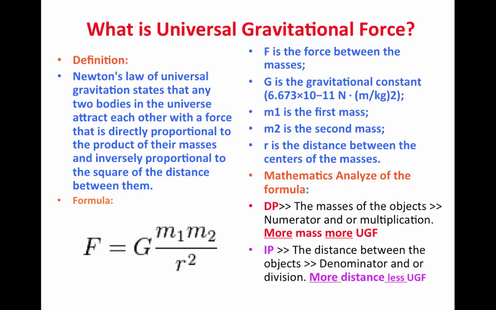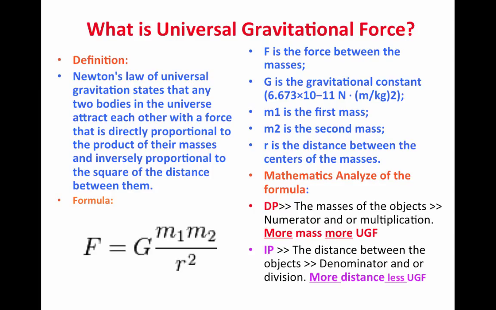This is the formula: force equals G, the constant, times m1, the mass of one object, times m2, the mass of the second object, divided by the distance r squared.